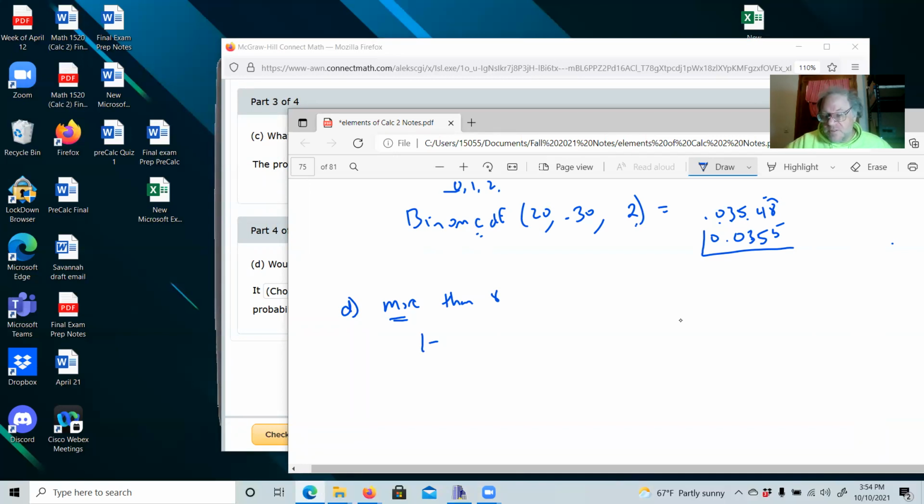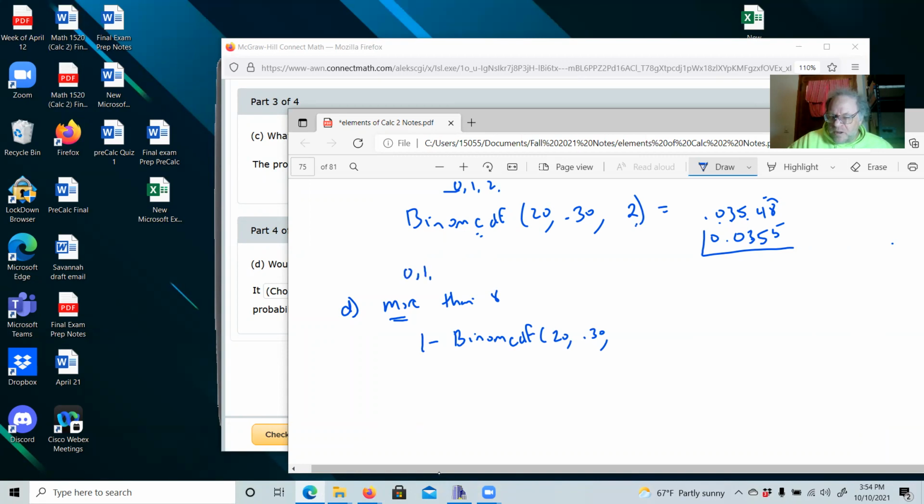If it was less than, it would just be regular. It's more than, so we have 1 minus Binomcdf. It's 20 total people, chance of 30%. We want more than 8, so what numbers are not more than 8? Was 8 more than 8? 8 isn't more than 8.